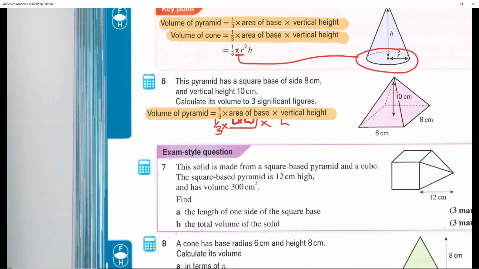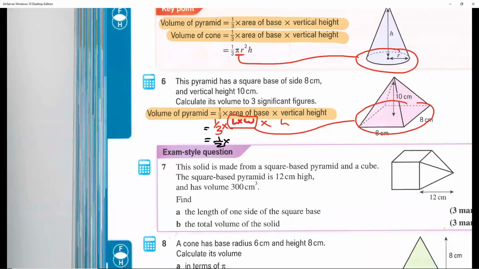You see we have length times by width because it comes from the square. You see the difference? It's the same basic formula, but in the cone, the base is a circle, and in the square base pyramid, the base is a square. So the original formula is the same. We're working on the area of the base. So let's smack in some numbers now.